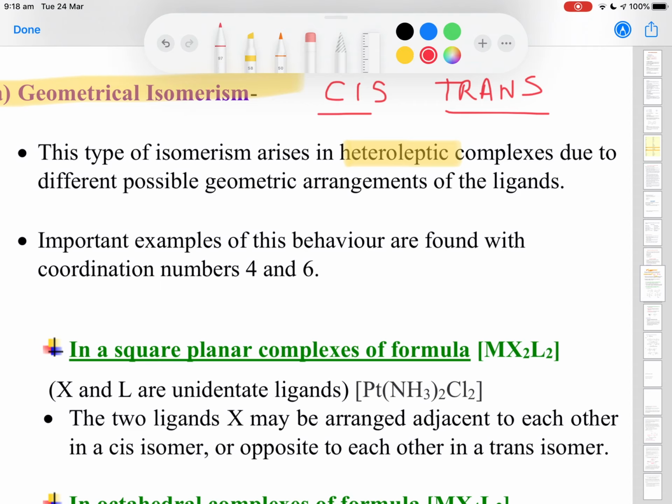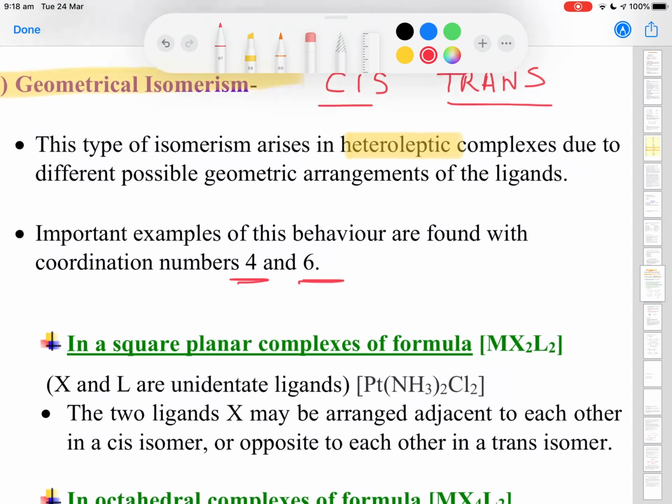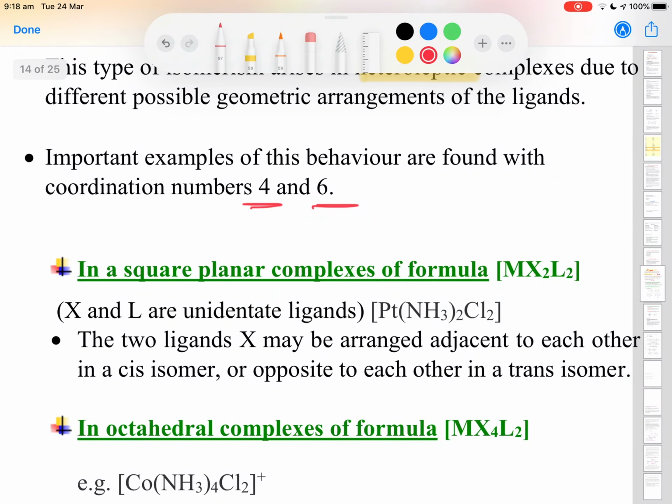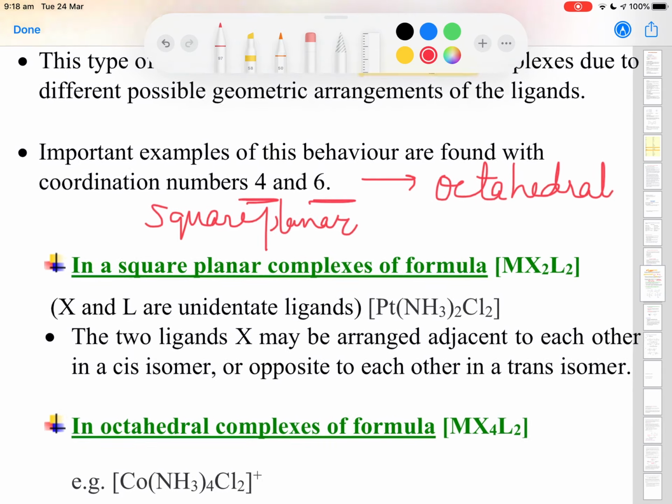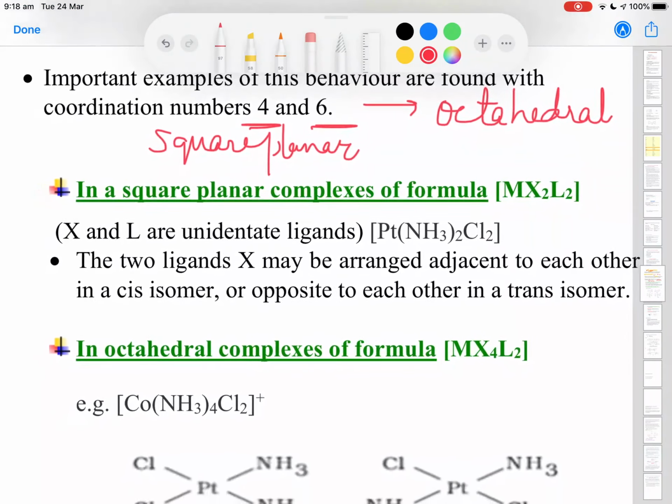Above that, you should also remember that such isomerism can be exhibited by complexes with coordination number 4 and coordination number 6. When we talk about coordination number 4, it's usually square planar with such isomerism. And for 6, the geometry obtained is octahedral in nature. Okay, let me give you an example to make things clear.